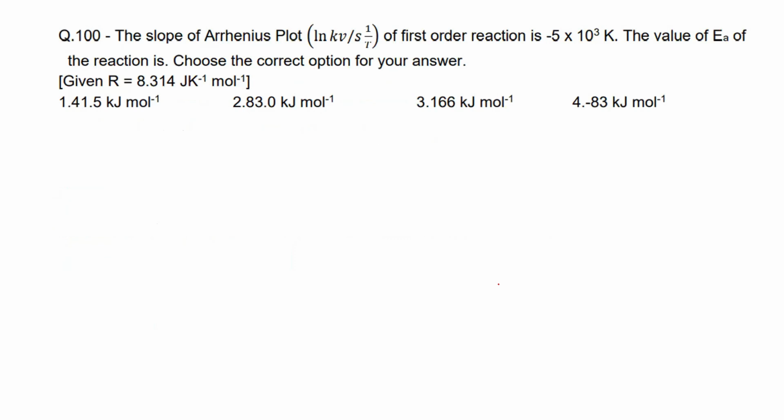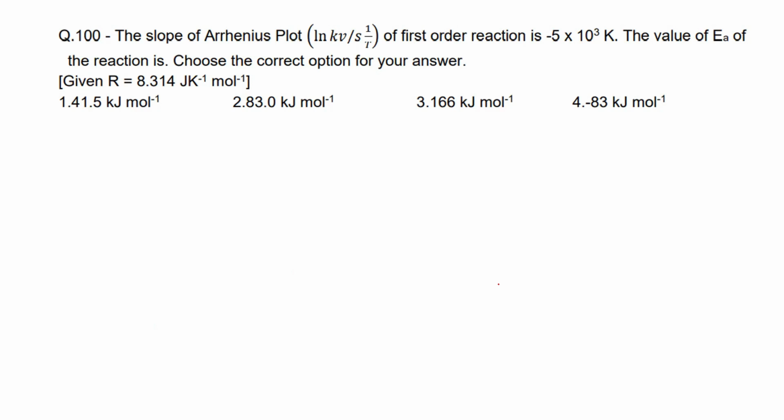The slope of the Arrhenius plot, log K versus 1 by T, of a first order reaction is minus 5 into 10 power 3 Kelvin. The value of activation energy of the reaction is? Choose the correct option for your answer. Given R value 8.314 joule per Kelvin per mole.